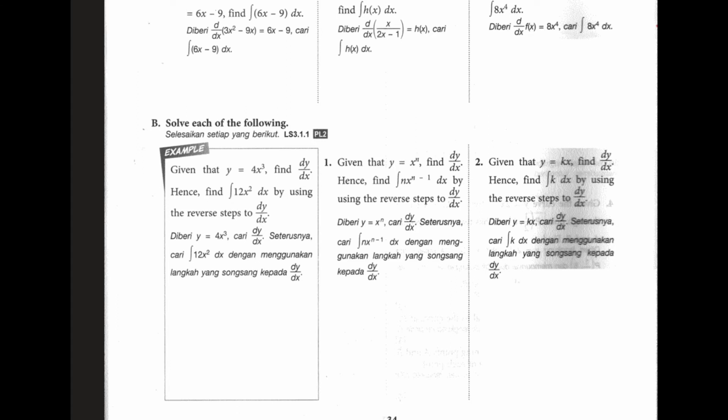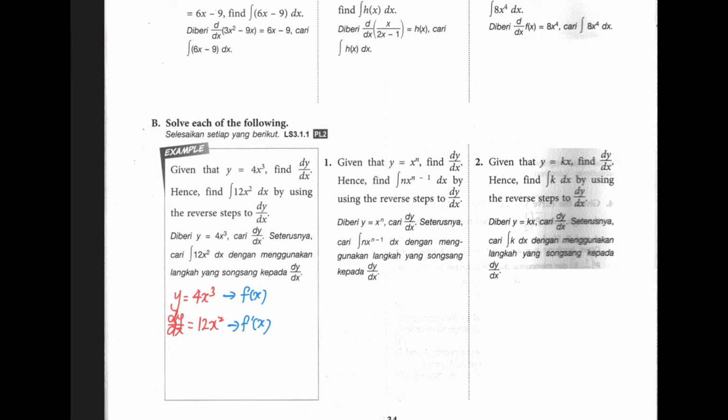So we do differentiation. Okay, so this is the previous chapter. 4x cubed, dy over dx equal to 12x squared. So this is the f(x). After differentiation, this is the f prime of x.